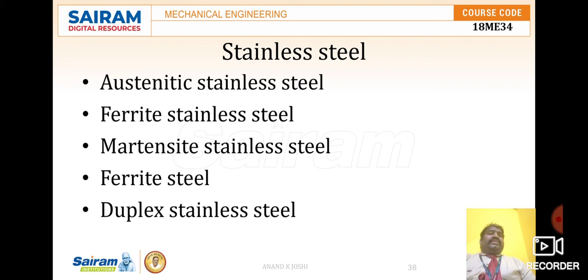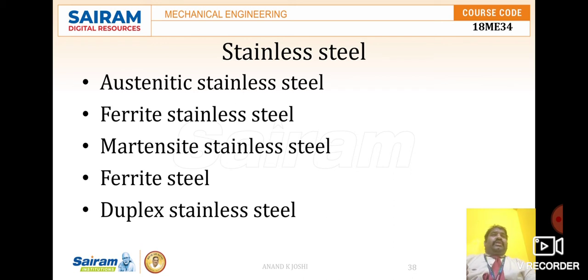Okay, so in the case of austenitic stainless steel, sufficient amounts of nickel are added to this stainless steel. Because the crystal structure changes to austenite, these austenitic stainless steels are non-magnetic and non-heat-treatable, but are usually annealed and cold worked to improve certain properties.